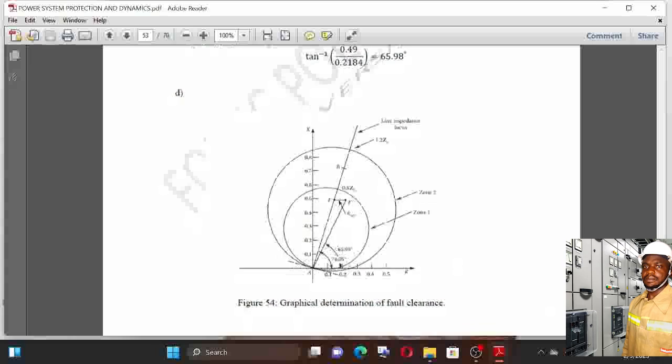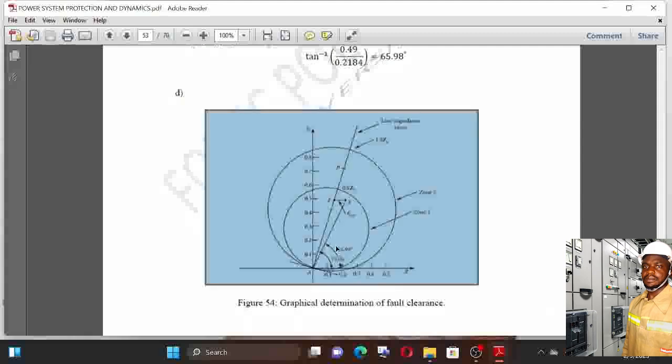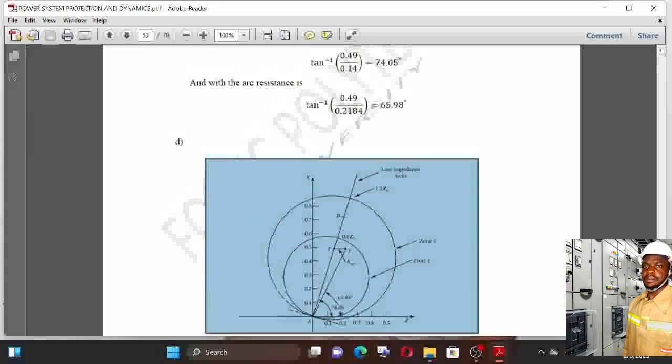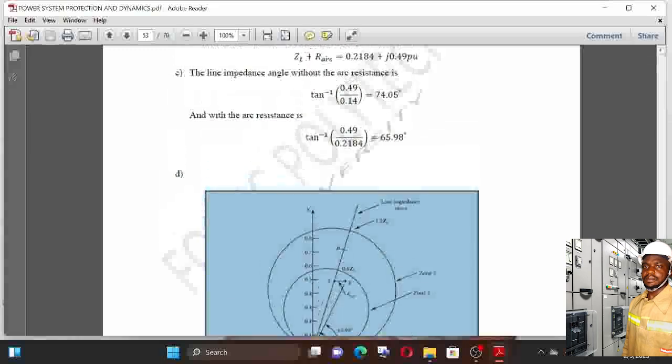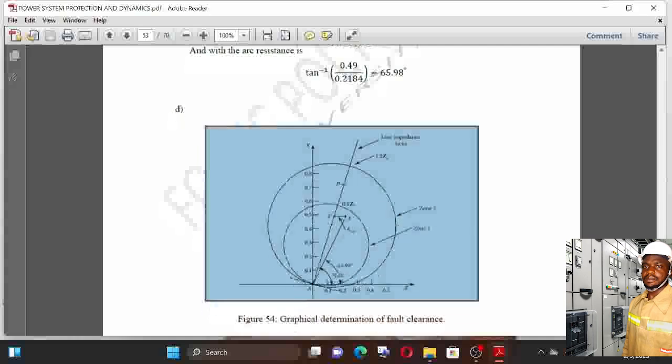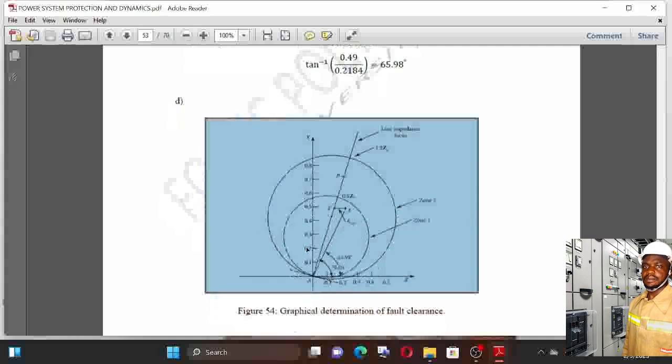So that's why we have these angles: 66.98 degrees, which is with arc resistance, and 74 degrees without the arc resistance.